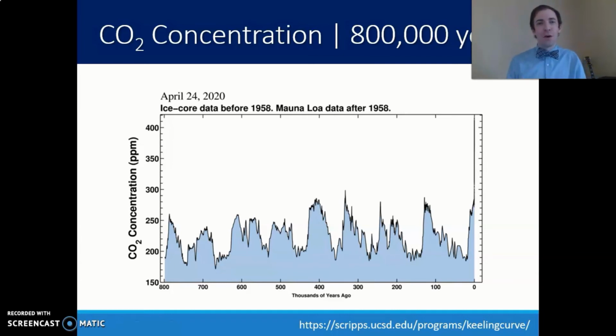So that means there are 415 molecules of CO2 for every 1 million molecules in the atmosphere. This number never really rose above 300 in this measurable history of Earth. So in 800,000 years, we are about 100 parts per million higher than we have ever been.